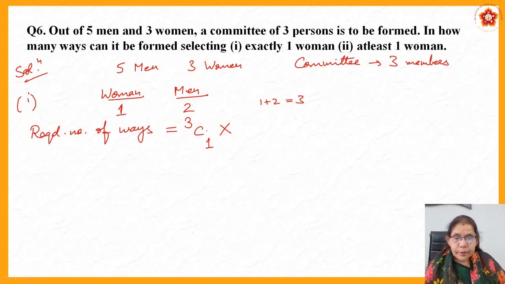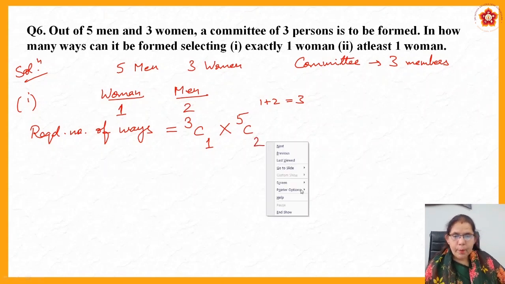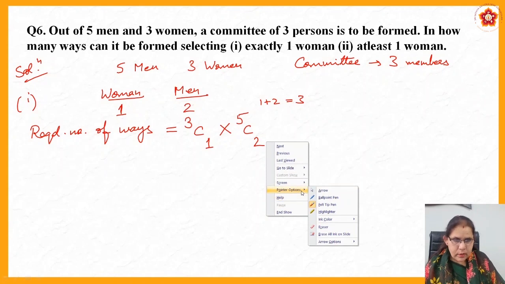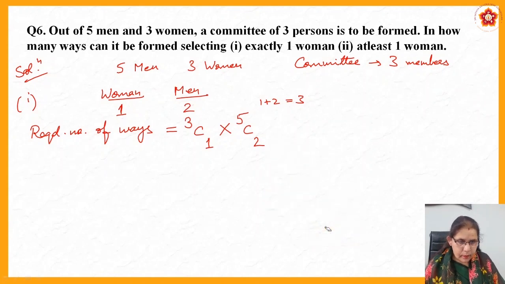And then multiplied by, we are using the principle of counting. The committee will have now 2 men. Now 2 men out of how many men? Out of 5 men. So out of 5, we have to choose 2 men. So please solve this and see what do you get here.